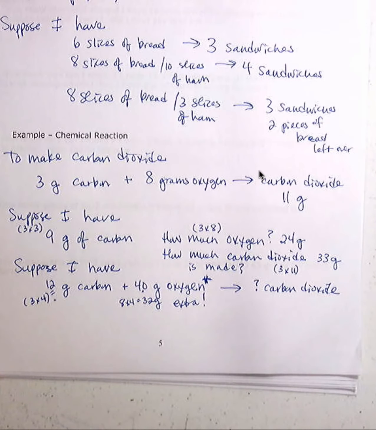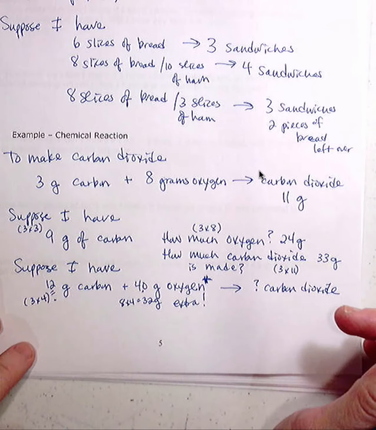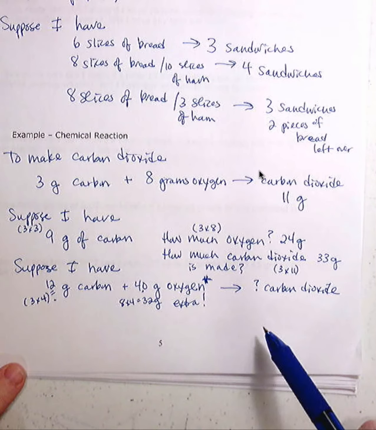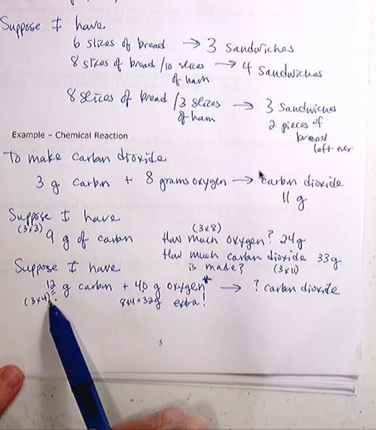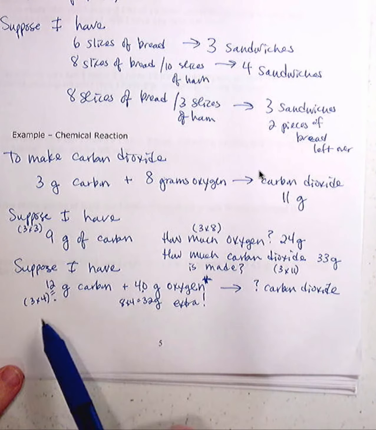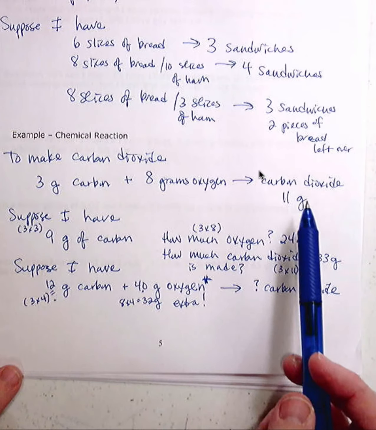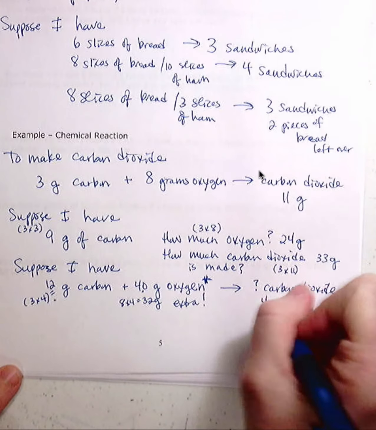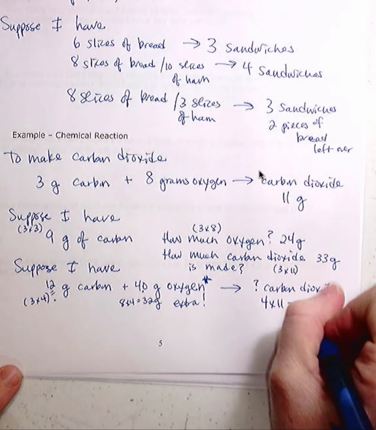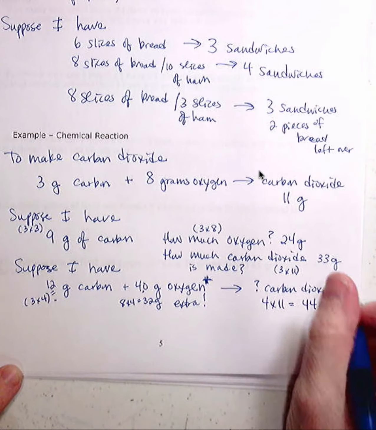So I do 3 times 4 gives me 12. So then I'm going to have 4 times 11 for carbon dioxide, which will give me 44 grams of carbon dioxide.